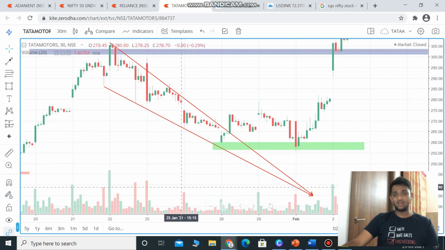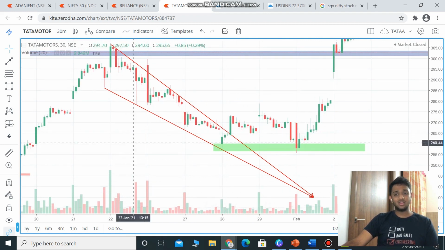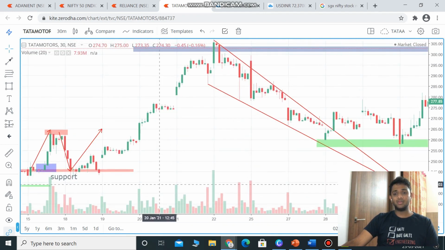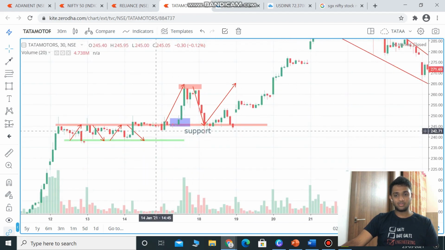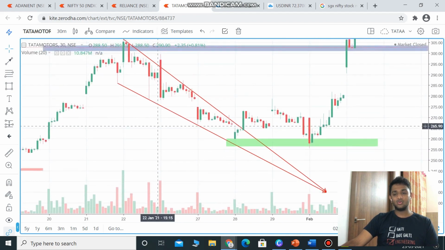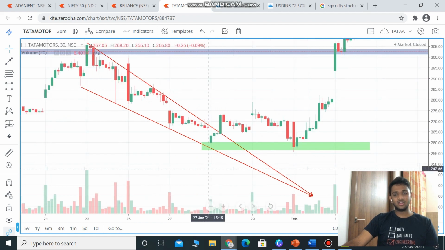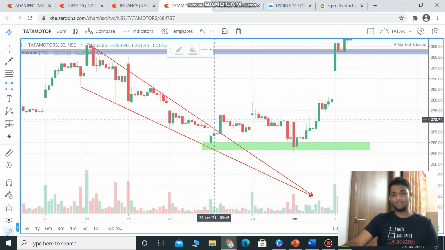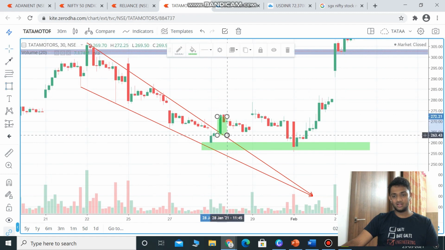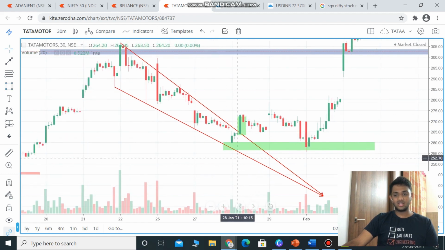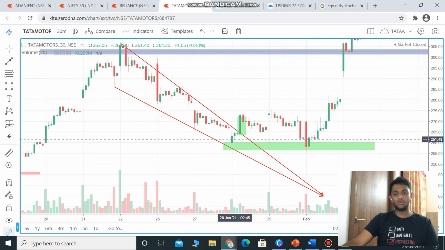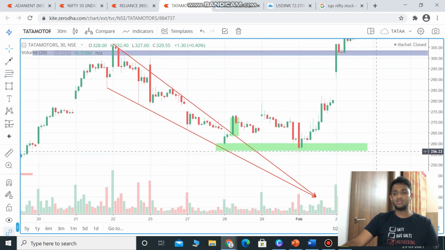the wedge pattern also. Basically, we were finding parallel support lines between two lines. Now it's on the other side, that is a triangle, where you see that there is a breakout at this candle. The last support taken will be a good support, and then what did I say?